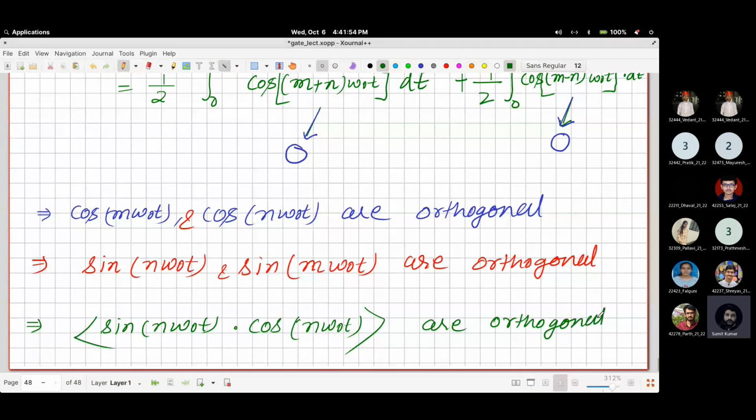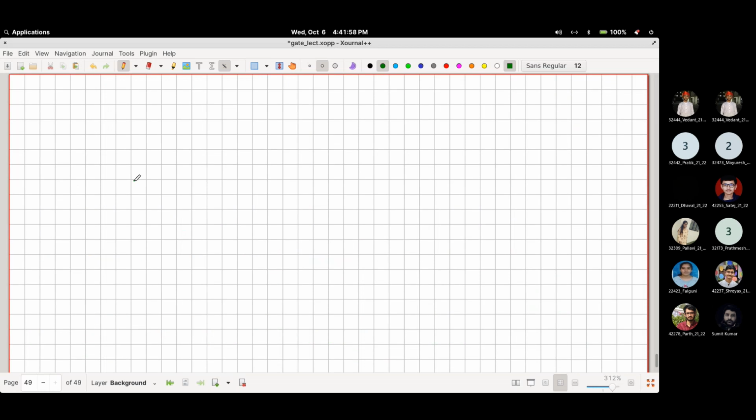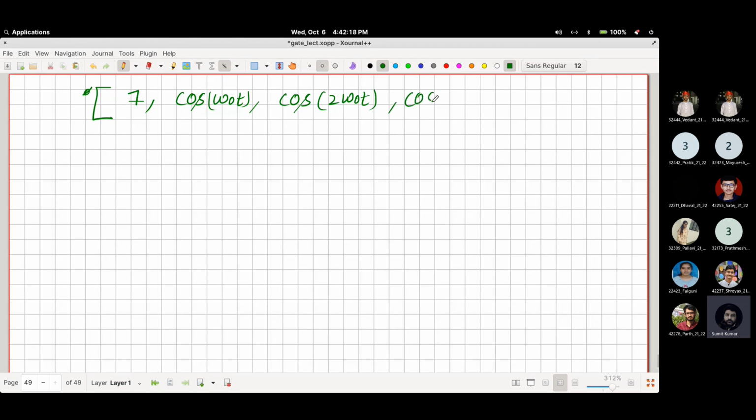Okay, so we have in short proved that all the signals in this set are orthogonal. Let me write this one. We have cos omega naught t as the first one, and then multiples of it, so cos 2 omega naught t. The next one is cos 3 omega naught t, isn't it? And this is going to continue all the way.